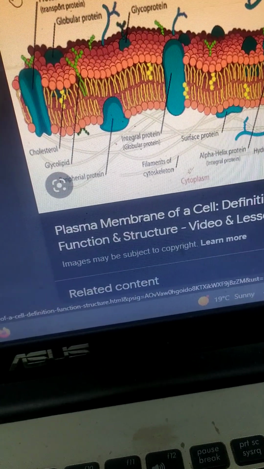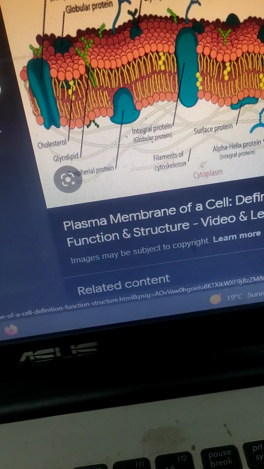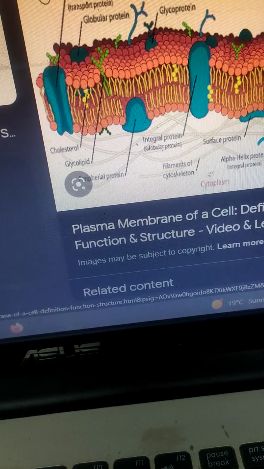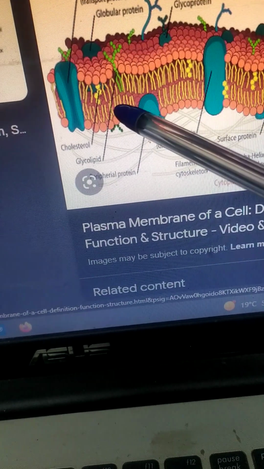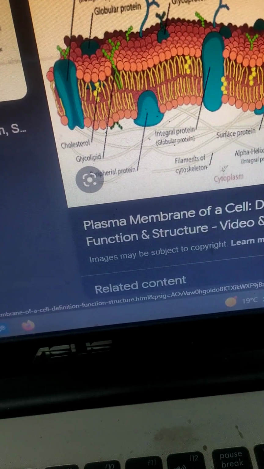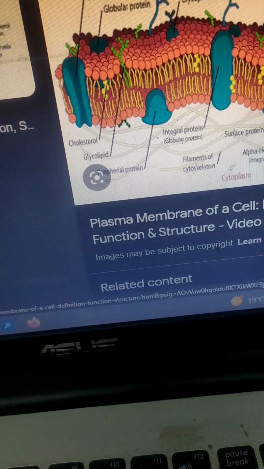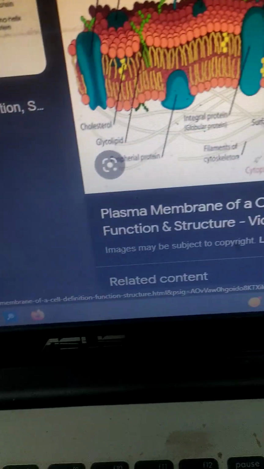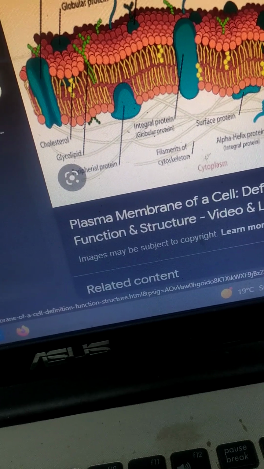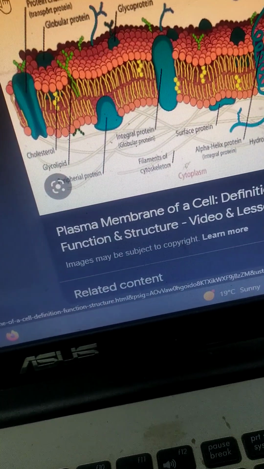Fluidity will increase if the temperature increases, and if the cholesterol content increases, then the fluidity will decrease. And receptors are also present here which bind to the specific substance.